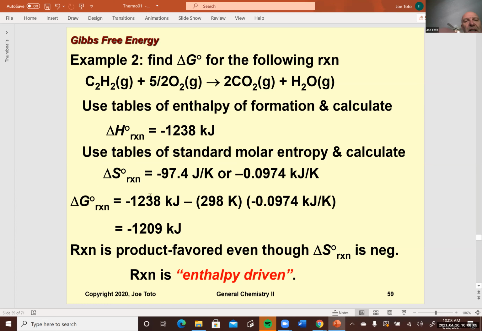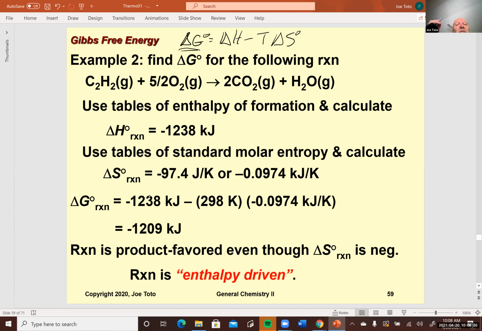So we know that delta G equals delta H minus T delta S. And so if we want delta G to be negative, that comes from 2 possible contributions.